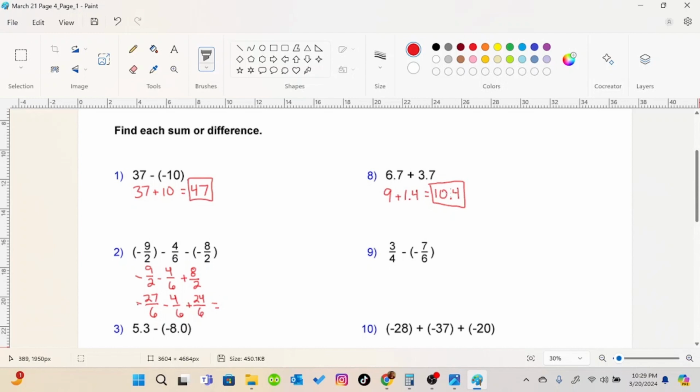Now, negative 27 minus 4 becomes negative 31. Negative 31 plus 24 becomes negative 7 sixths.